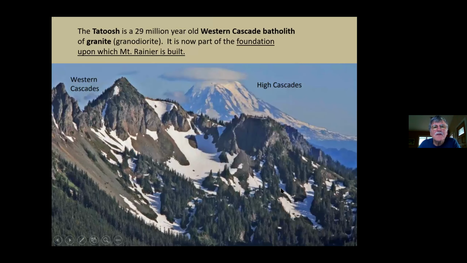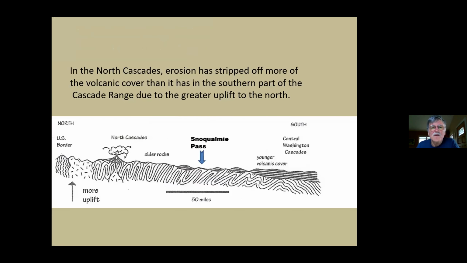Okay. So here is part of the high Cascades. It's the foundation. This is the Tatoosh. And it formed the foundation for Mount Rainier, but it's way older, millions of years older than Mount Rainier, which is part of the high Cascades, which started like 3 million years ago.